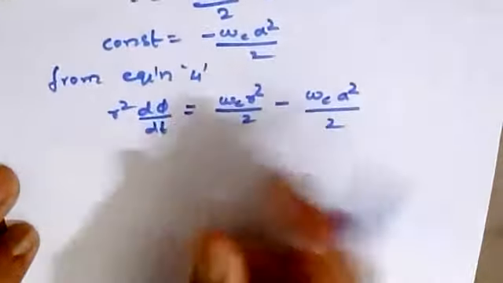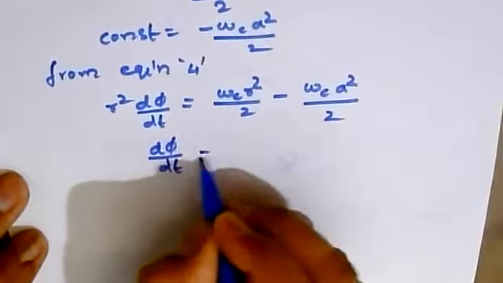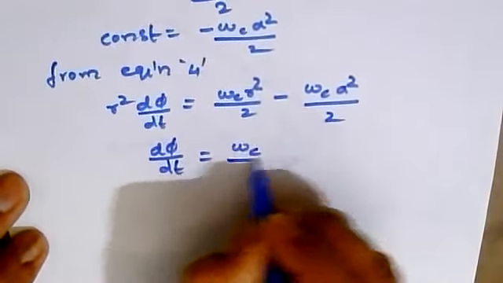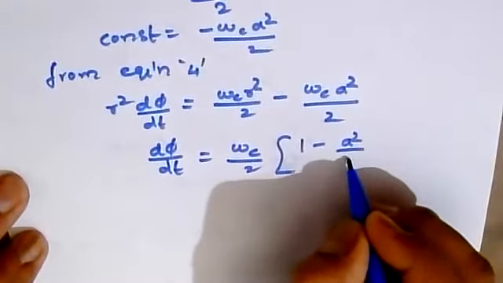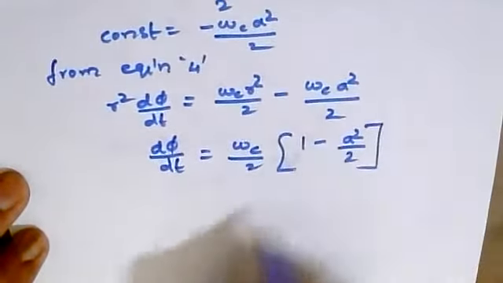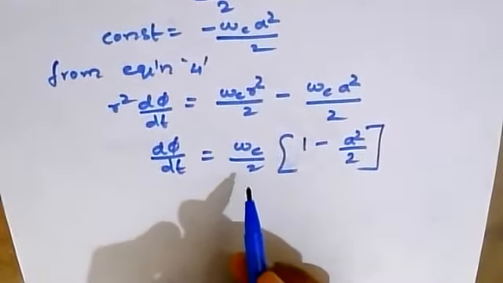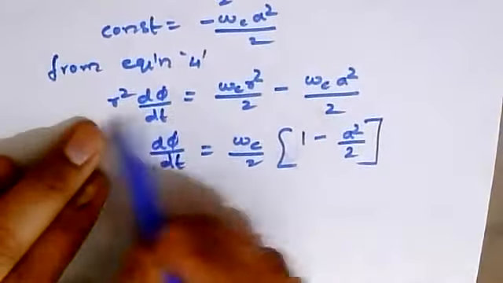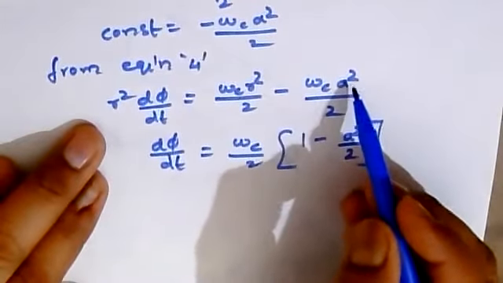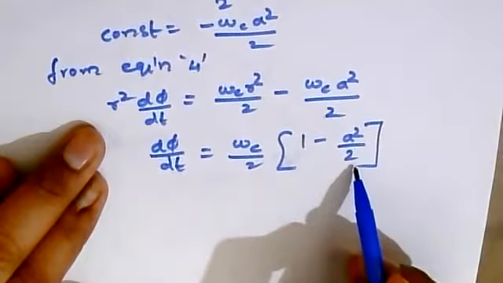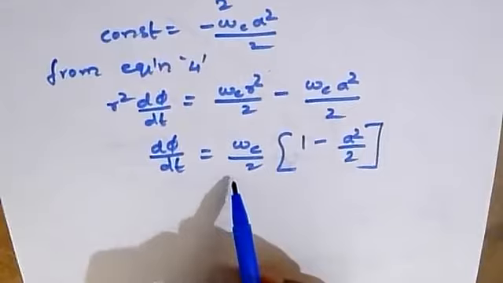Now to get into standard form, we'll get dφ by dt equal to omega C by 2, taking omega C by 2 as a constant, times 1 minus A square by R square. Here R square and R square cancel out, and we do not have an R square over here. So this A square by 2 is written as it is. That's the expression we get.